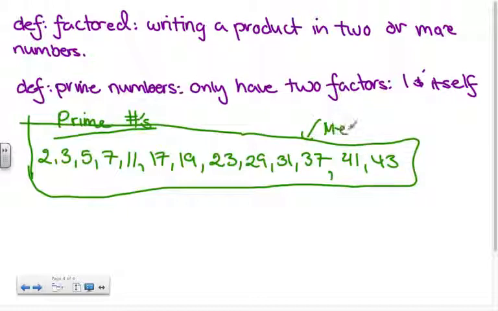So memorize them. Okay. So how many numbers do I have listed here? 1, 2, 3, 4, 5, 6, 7, 8, 9, 10, 11, 12, 13. Memorize the first 13 prime numbers, and life will be good for you.